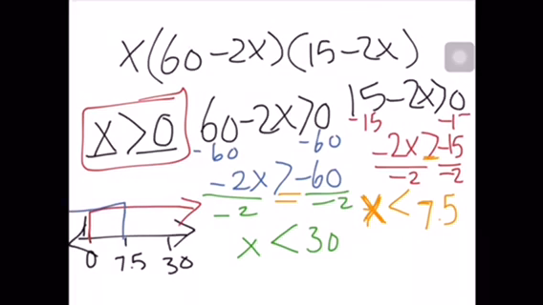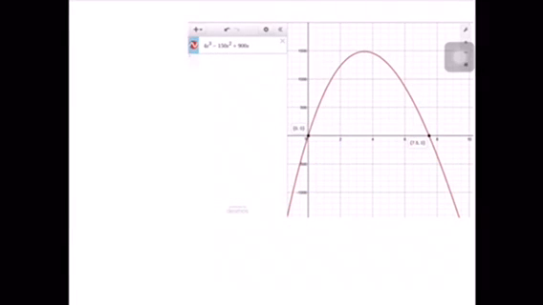So, x is less than 7.5 and x is less than 30. This place is where the 3 lines meet. So the domain is open bracket 0 and 7.5 open bracket, 50x squared plus 900x.